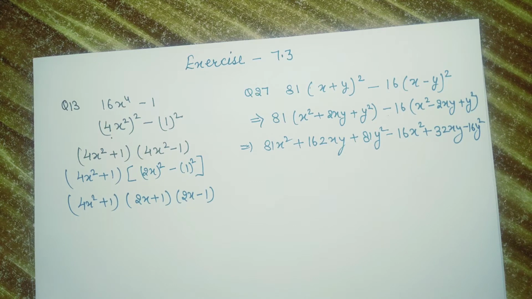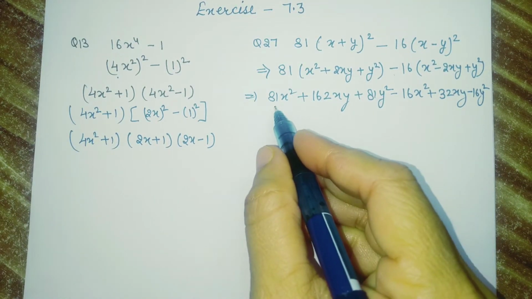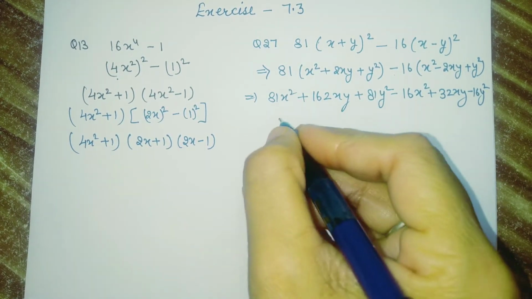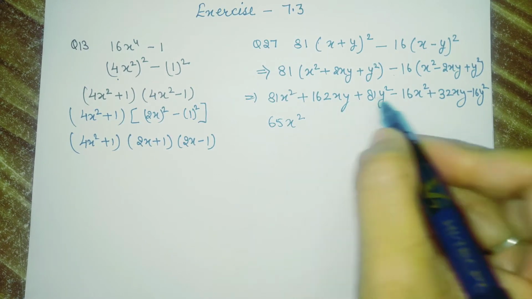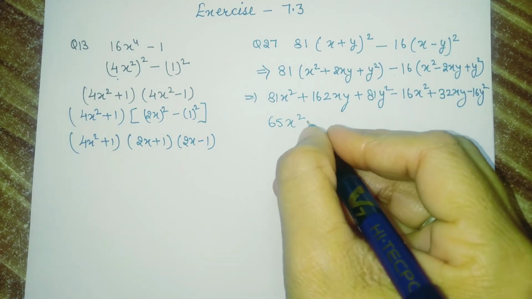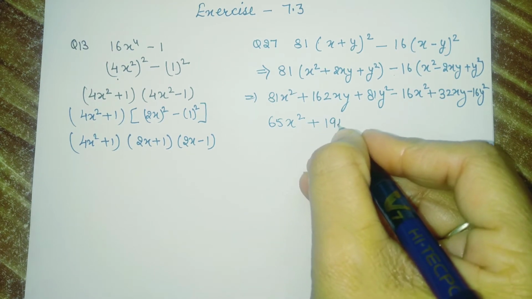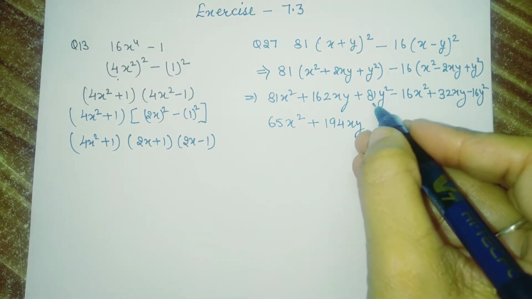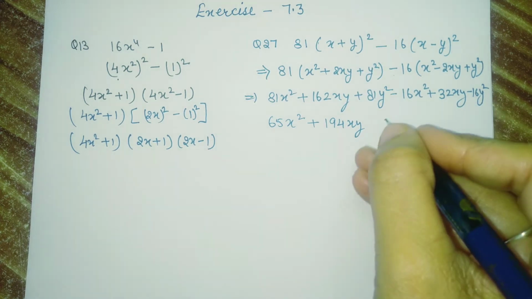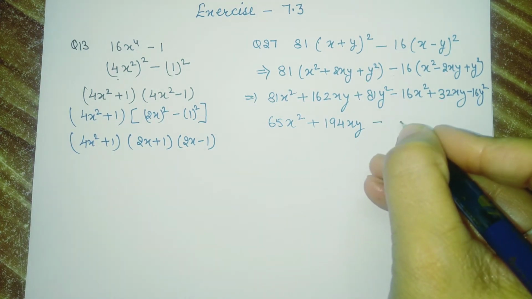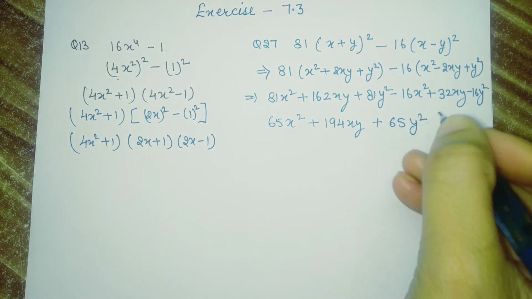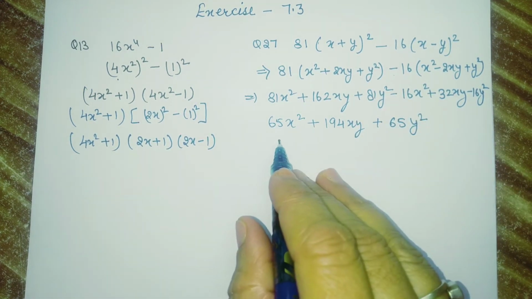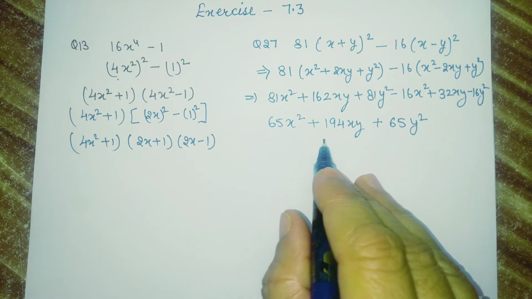Now 81 minus 16 means 65 x square, 162 plus 32 means 194 xy, and 81 y square minus 16 y square means 65 y square.